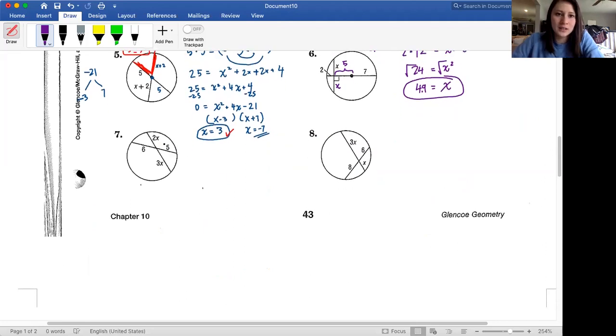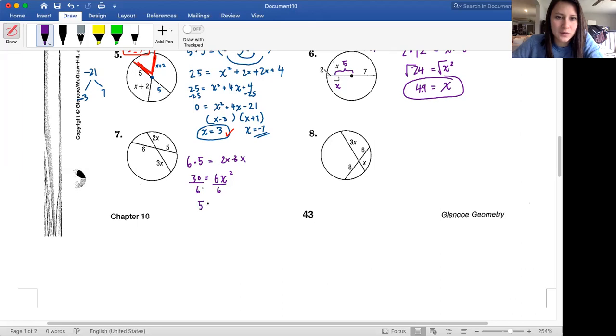Okay, number 7, same idea here. Let's set up our equation. 5 times 6 equals 2x times 3x. Okay, so when we multiply this, 5 times 6 or 6 times 5 is 30. And then when I multiply this, I get 6x squared. And so I'm going to divide by 6 on both sides.